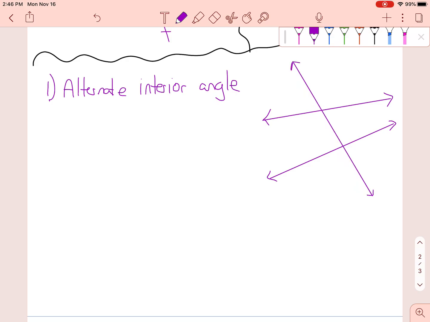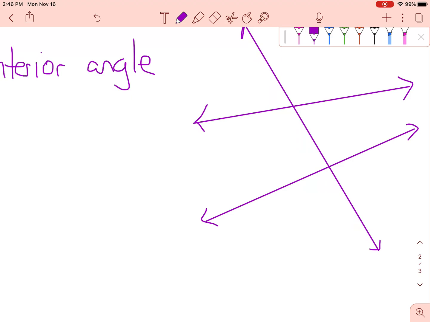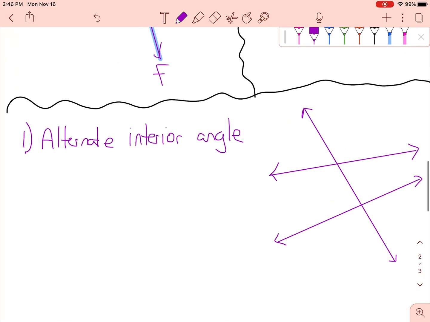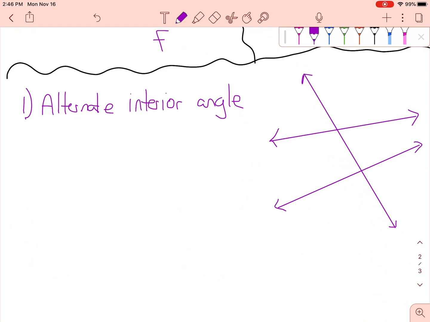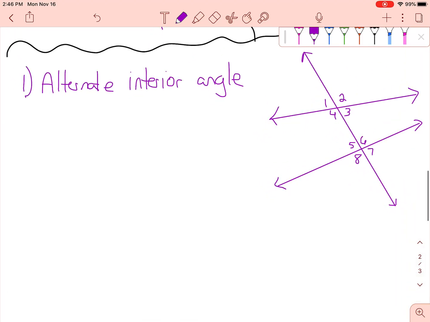And what's so special about a picture like this is it's always going to create these 8 different angles. You can see there's 8 angles up there, there's also 8 angles here. I'm going to number them 1, 2, 3, and 4, 5, 6, 7, and 8. So it's creating these 8 angles, and some of these angles have a name to them.